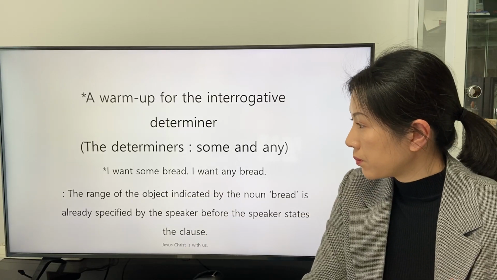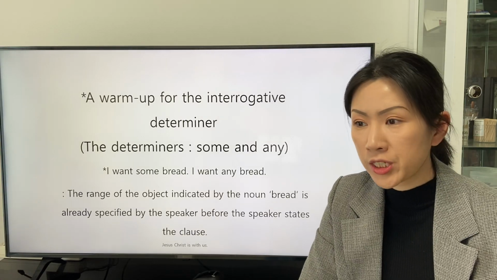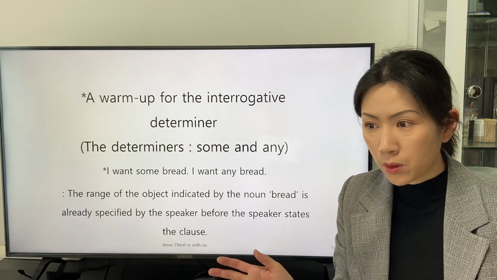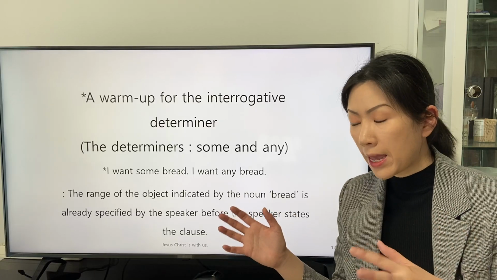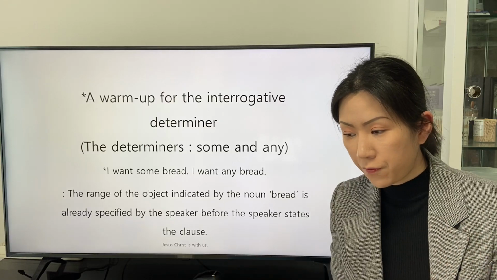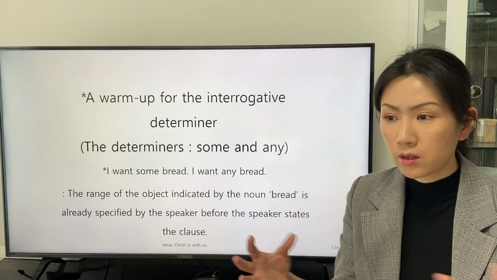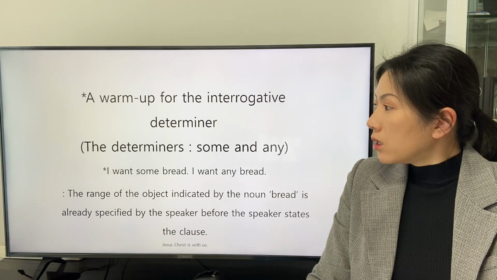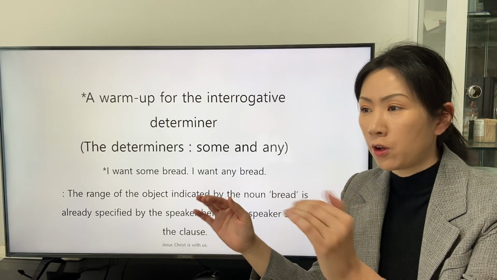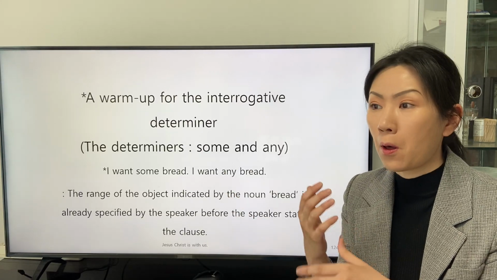So we can imagine a situation like the speaker is standing in front of a bakery whose range of product is set, limited. So we can understand that the speaker wants to have a part of the products that are sold by the bakery.